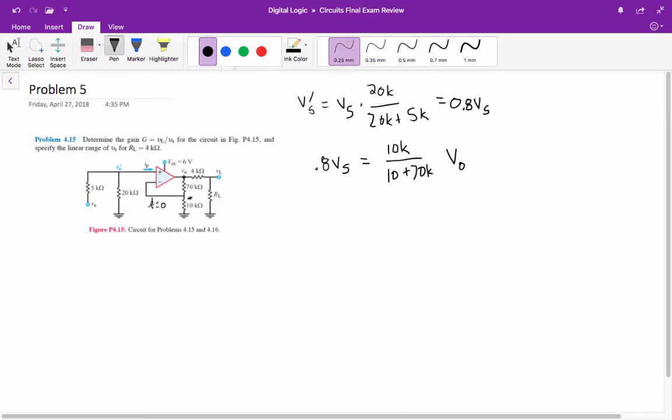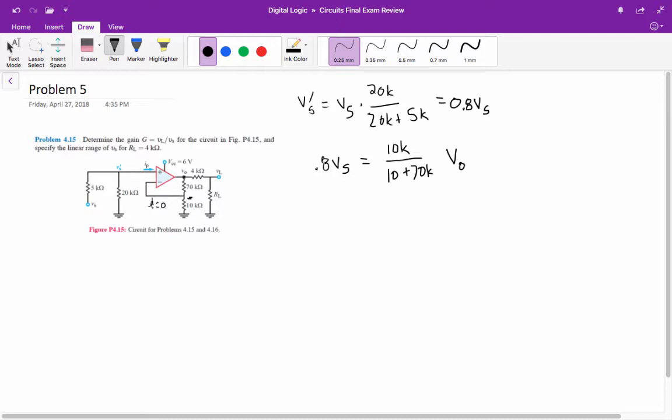So that's saying that the voltage between V out and ground is divided, and we have a division point here, and the potential difference from here to here is going to be 10 over 10 plus 70K. And we actually know what the voltage is at this middle point.